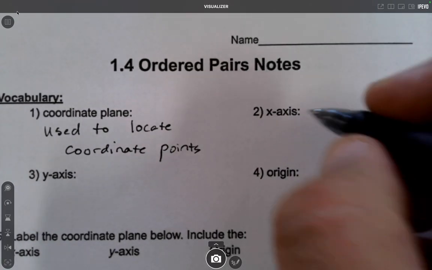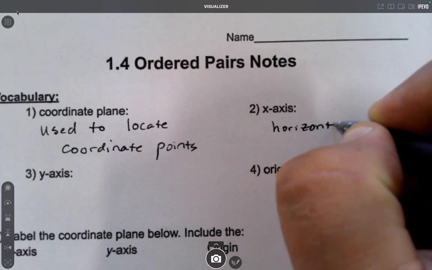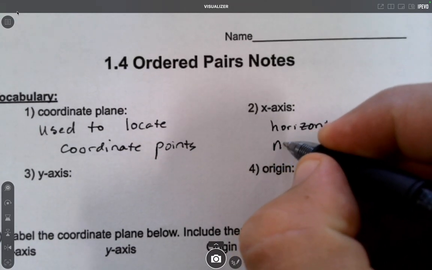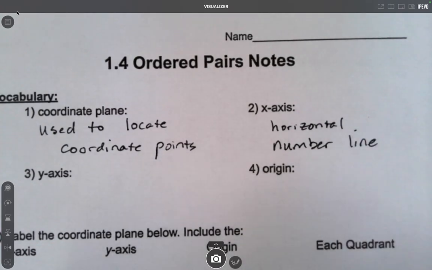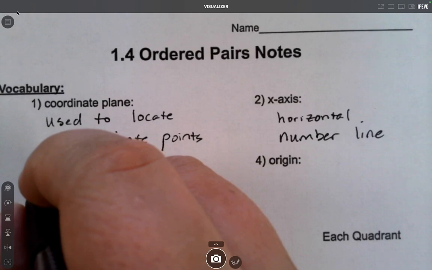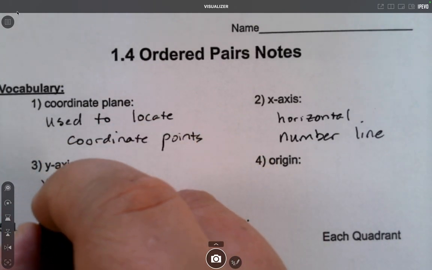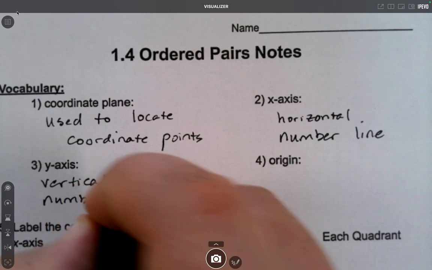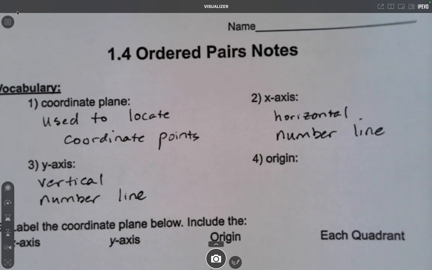The x-axis is the horizontal number line. And so you can probably figure out the y-axis would be the vertical number line. So if we want to go any farther, I'll just label them down here.